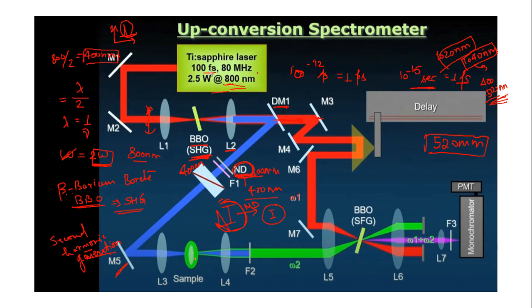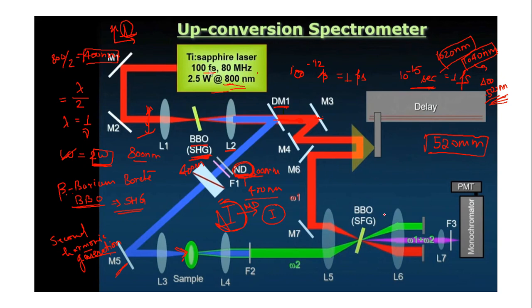Okay, so when this focused light is incident on our sample, which is a fluorescent sample, it emits fluorescence. Now what has happened initially was the 800 nanometer light has changed to 400 nanometer, and the 800 nanometer was filtered out.